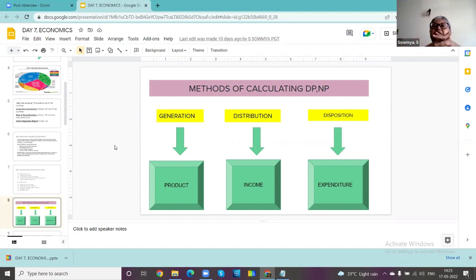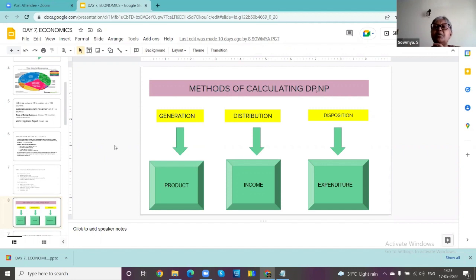So we are going to evaluate the aggregate factor income. So it's always the aggregate of the factor incomes, right? At the firm level, whatever income the firm is going to pay as factor income will make up this income, right? Then how the people, after receiving the income, are going to dispose of it will be the expenditure method.